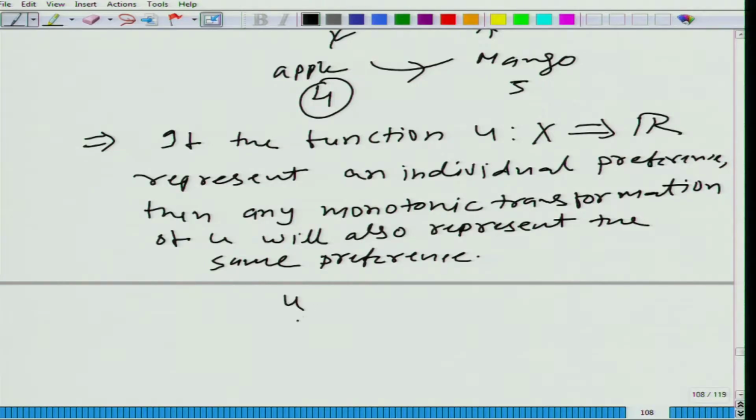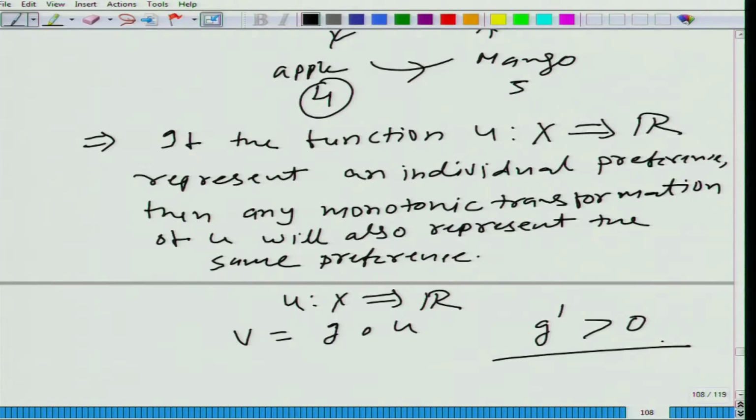So what if you have little knowledge of mathematics? Let's say U is the utility function, and then the monotonic transformation will be represented by V. What is V? V is nothing but G of U, where G dash is greater than 0 at all points. Fine? Is it clear? It can be less than 0. Mathematically speaking it can be less than 0, but in economics by convention we use G dash greater than 0 for monotonic transformation.